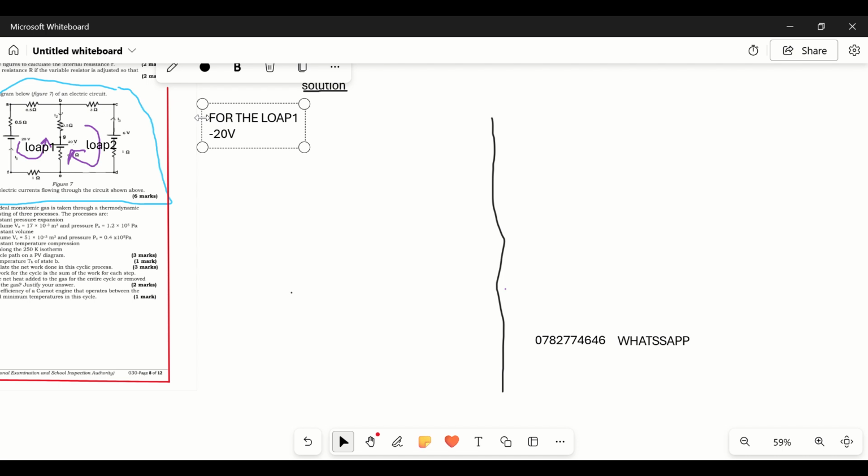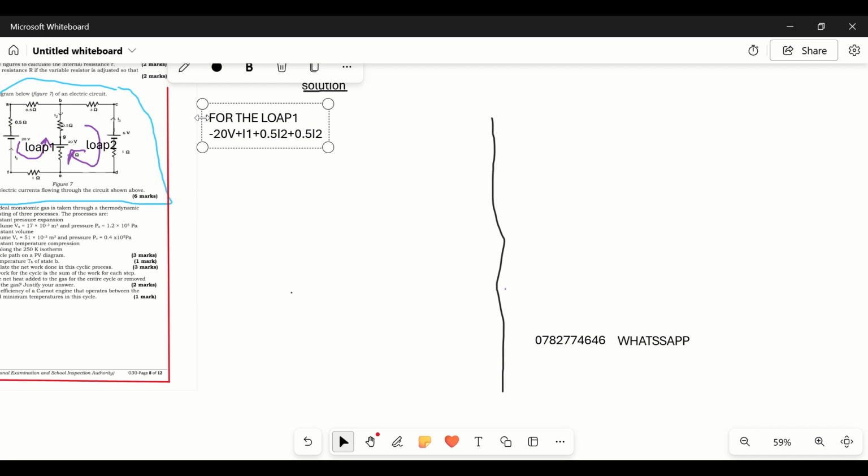So here for the 1 ohm, if the loop is opposite to the current flowing through the circuit, that means the potential difference will be positive. That's why here we will add I1, and for this one also the current is opposite to the loop, so we have also positive 0.5 I2, and again 0.5 I2.